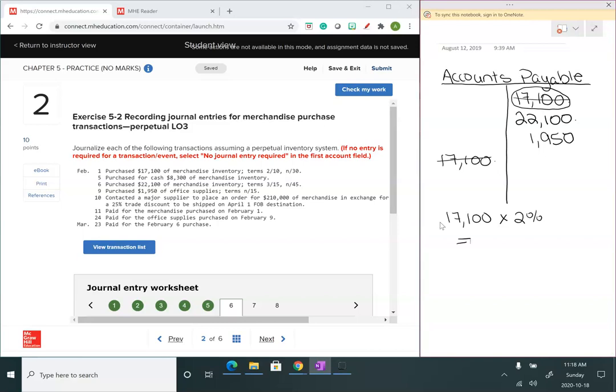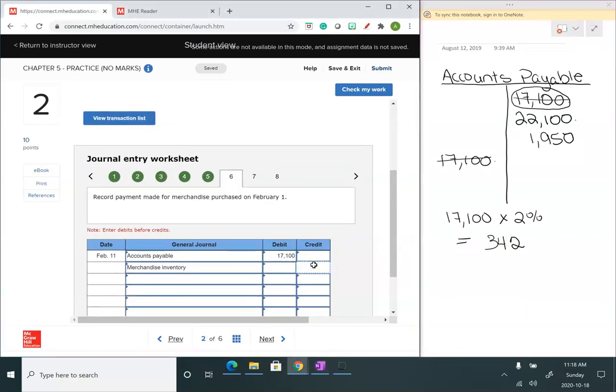That gives me a discount of $342. So that's actually going to decrease the original inventory amount. So we're going to put that as a credit. And then the difference is your cash. So I would just take the 17,100 minus the 342. And then that'll give us cash of 16,758.